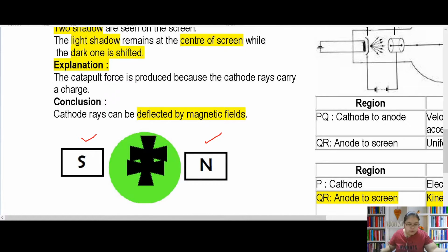Okay, so from here I will show you some videos, to let you see the effect of the magnetic field on the cathode ray. Okay, let's see here.